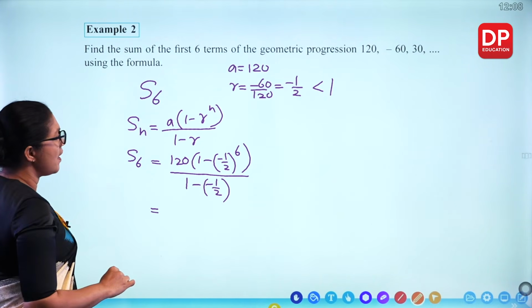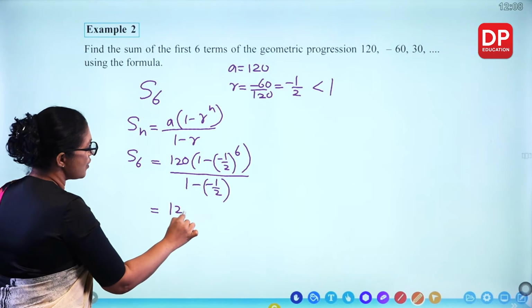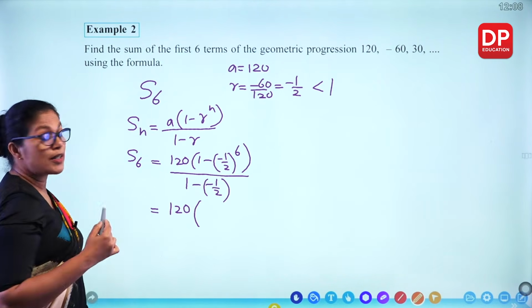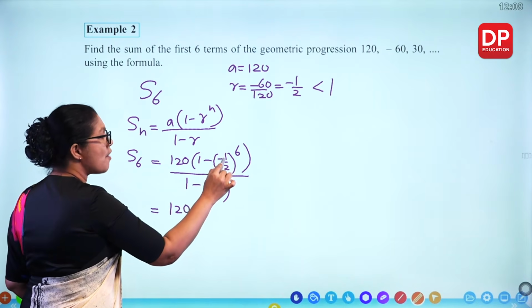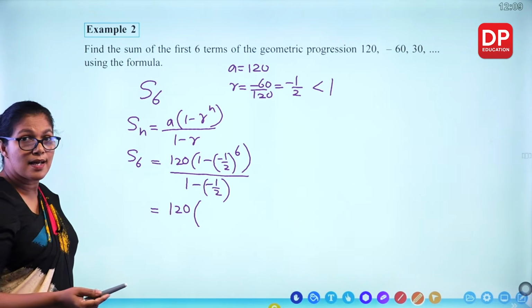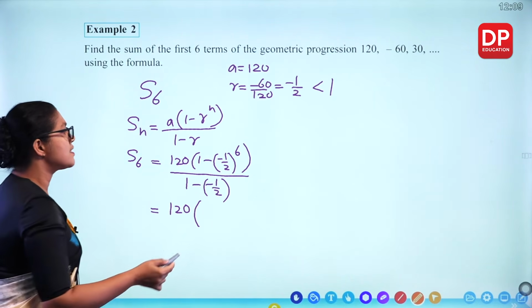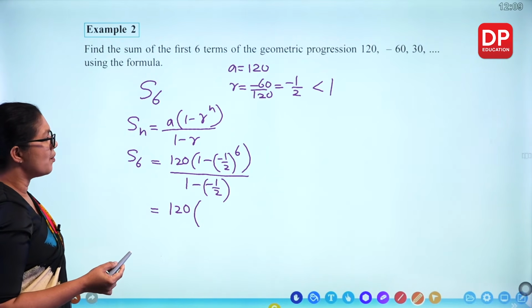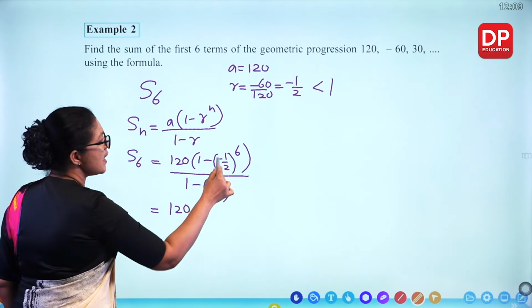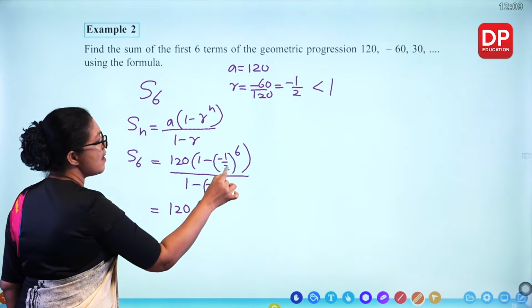Now try to simplify. 120, then 1 minus half to the power 6, and this is an even power. You get a positive answer. 2 to the power 6 is 64. So you get a positive answer here.